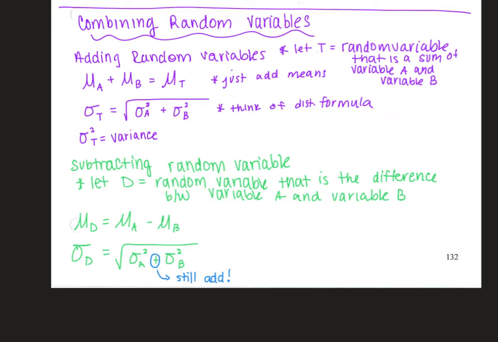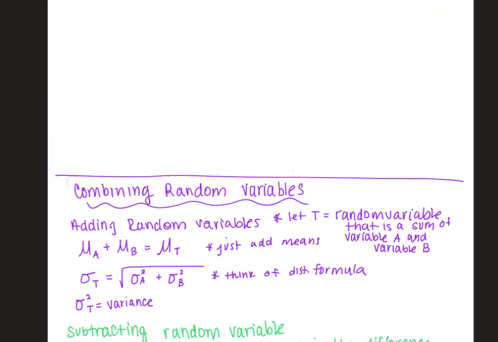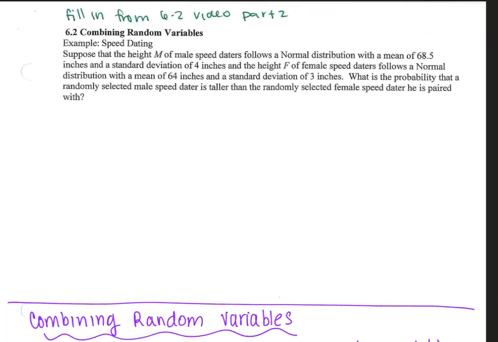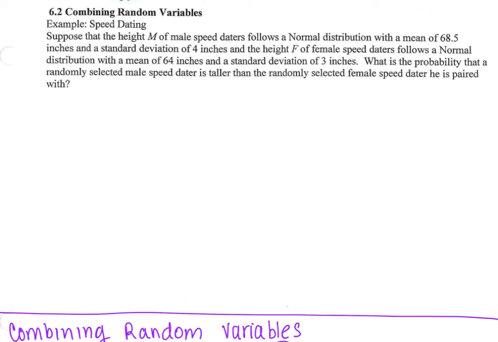And now we're going to look at an example using this. So go back up to the top of your page and let's read this scenario. Suppose that the height M for male speed daters follows a normal distribution, that's good news, with a mean of 68.5 and a standard deviation of 4.